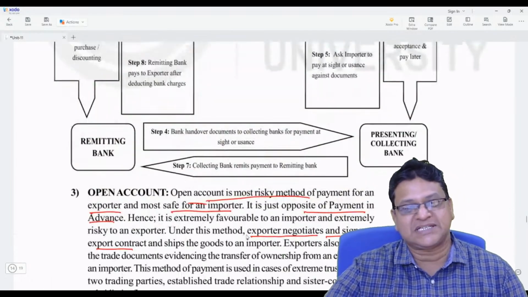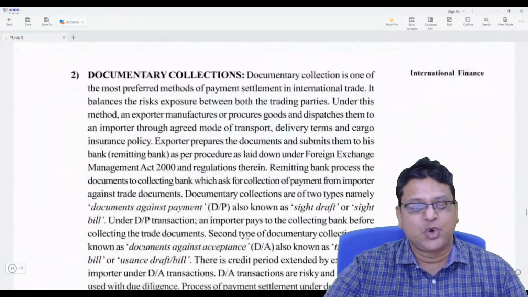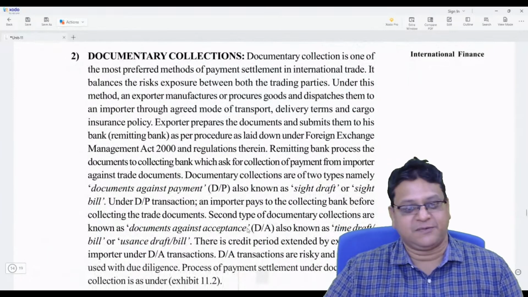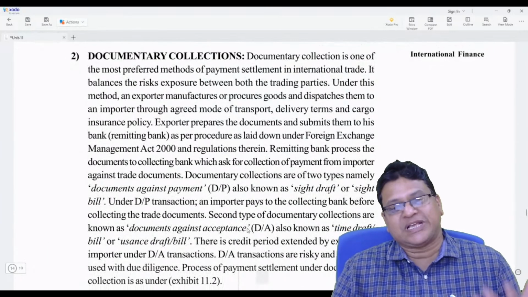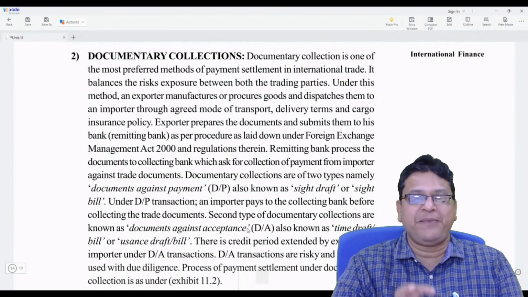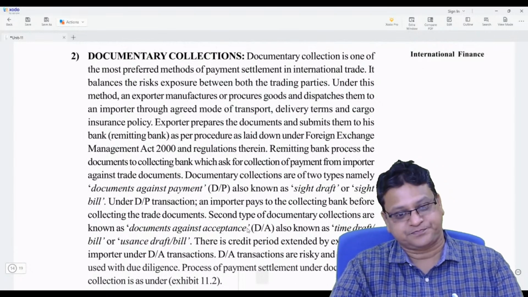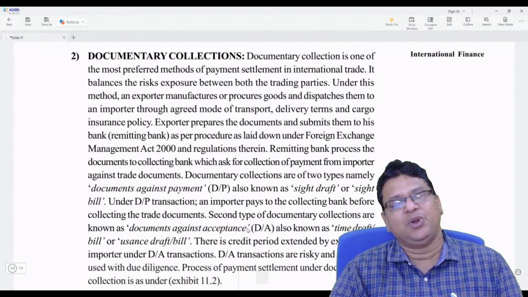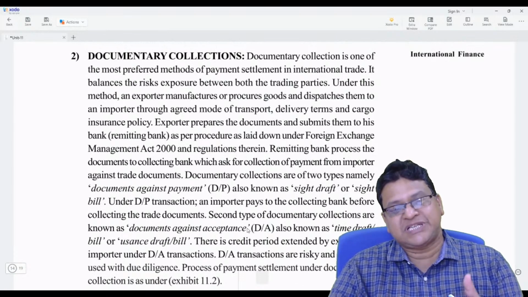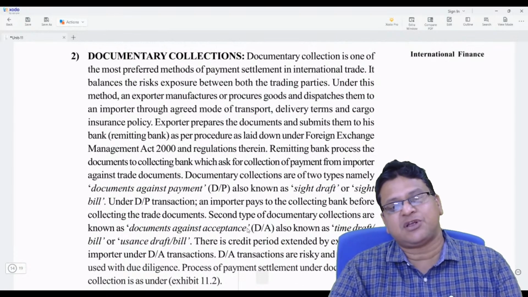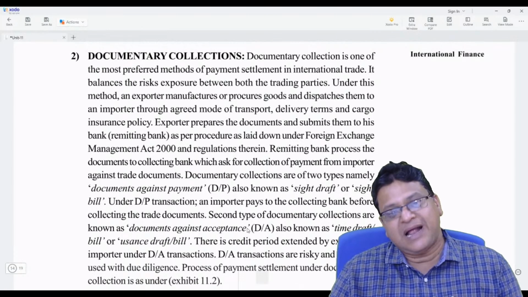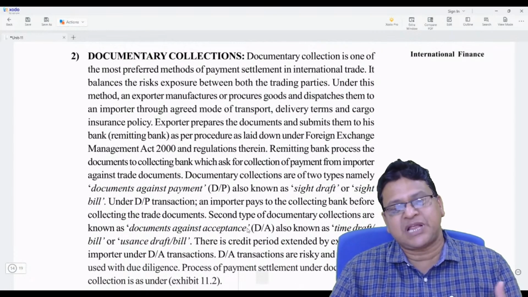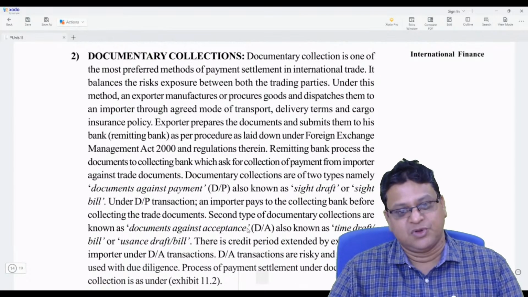The third one is known as documentary collection method. There are two things: goods and document of title to the goods. Let's take an example. Suppose you sell furniture.